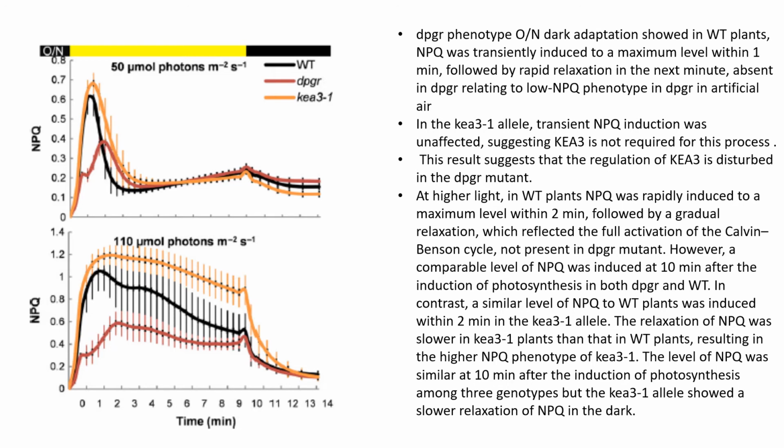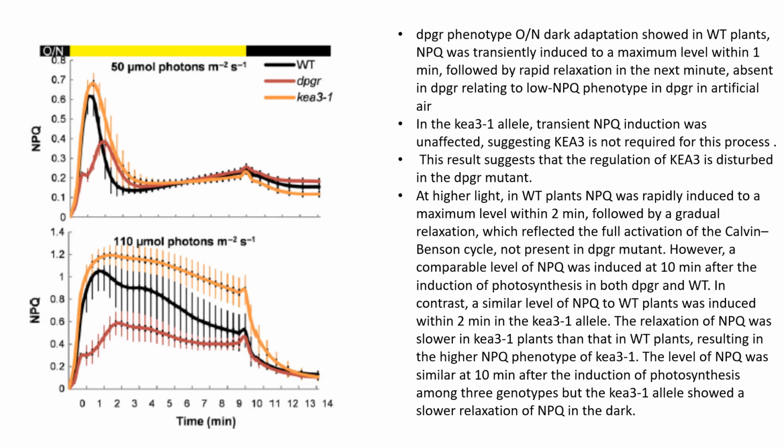Just to remind you, these results were from the artificial air environment that was produced for this experiment, where there was no CO2 and the percentage of oxygen was very low, up to 2%. In the KIA3-1 allele mutant, which was the knockout mutant, the transient NPQ induction was unaffected.